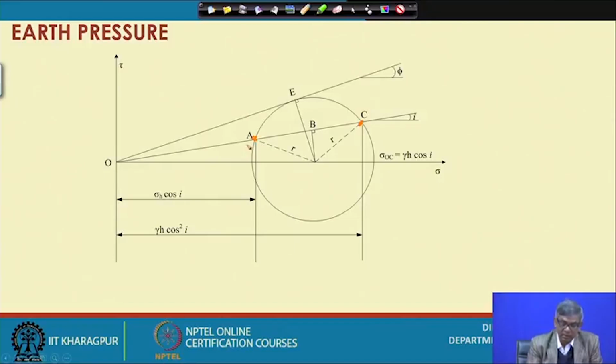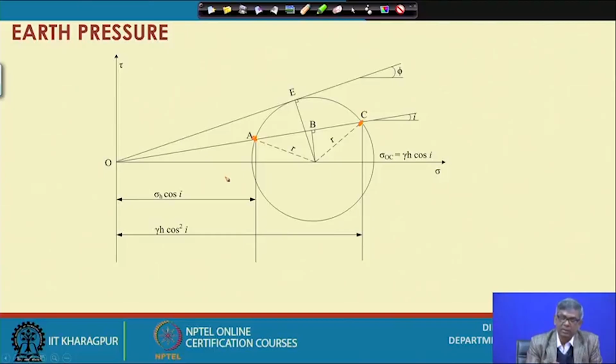And now, taking this geometrically, we can establish the earth pressure coefficient at active condition or passive condition when there is a sloping surface. That means by drawing with the help of the Mohr circle, we have already established the expression for the coefficient of earth pressure for the active case and for the passive case.